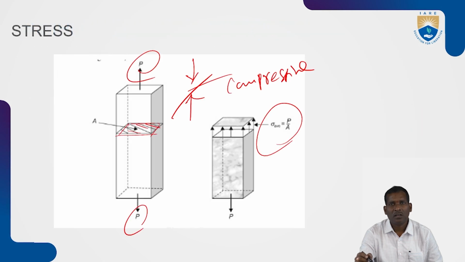So here the opposing force, for unit, the opposing force is called strength. The stress is for unit load for unit area. So that is called as tensile stress. If it is compressive in nature, you will get compressive stress.